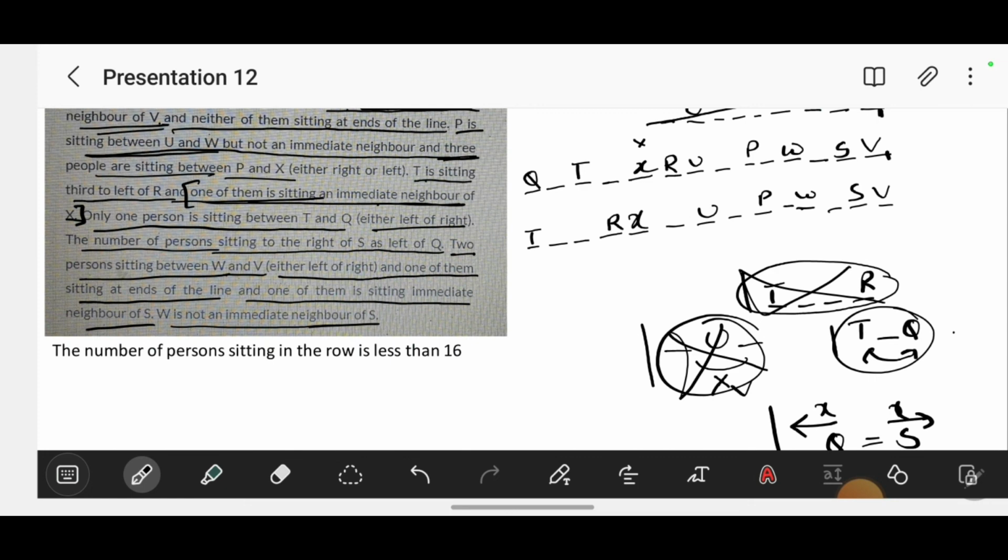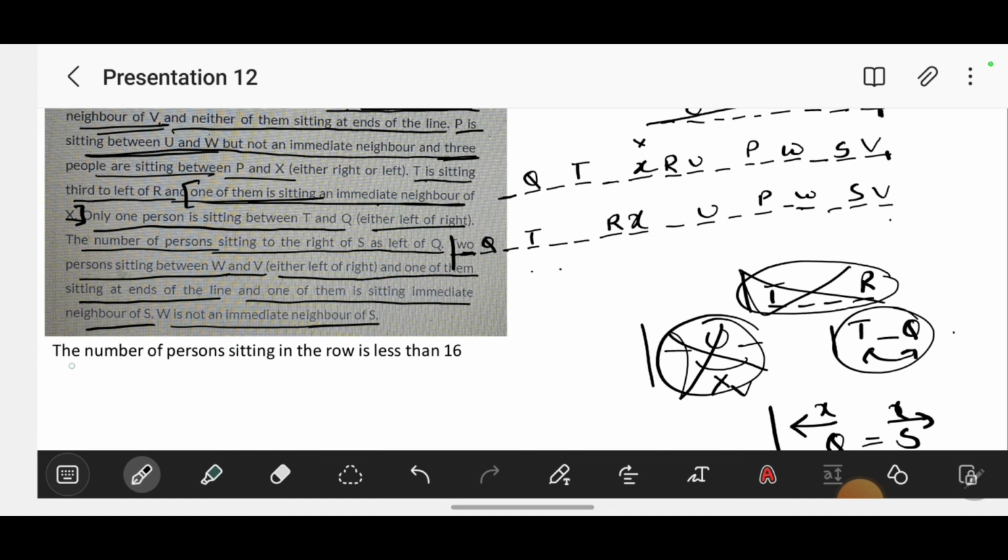To the left of Q there should be only one person, because to the right of S there is only one person. If you take Q here, there are at least two persons to the left of Q, but to the right of S there is only one person, so you should not take Q here. So there is only one case, that you should take Q here. These are the two conditions.